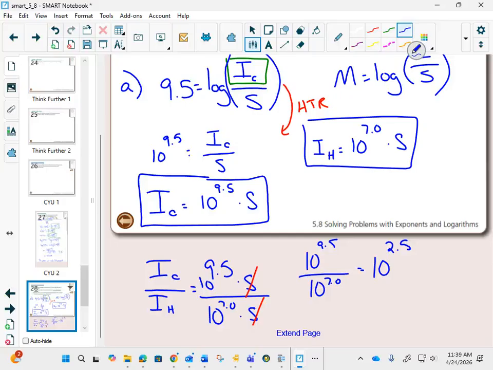And if I go on my calculator, 10 to the exponent of 2.5 is 316.228 times more intense. And a 7 is a big earthquake. Then you imagine that big earthquake and saying, let's do that 316 times bigger.